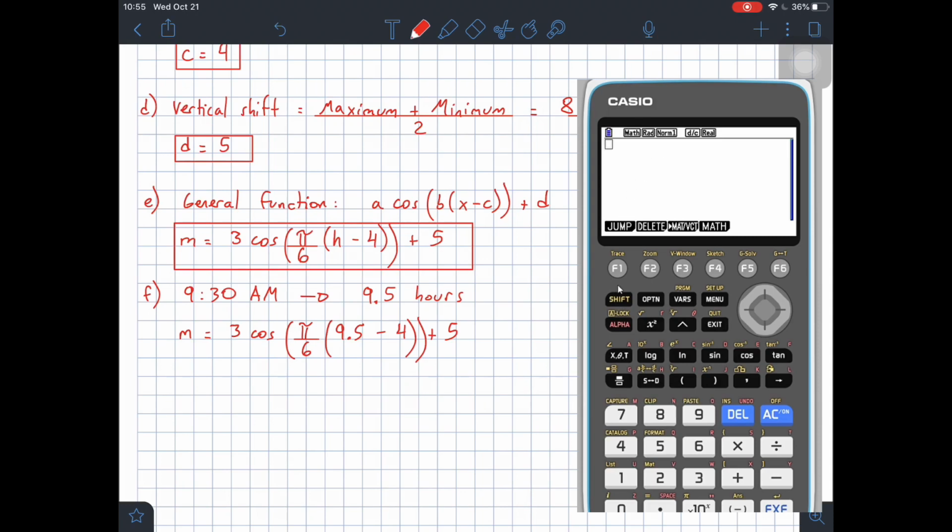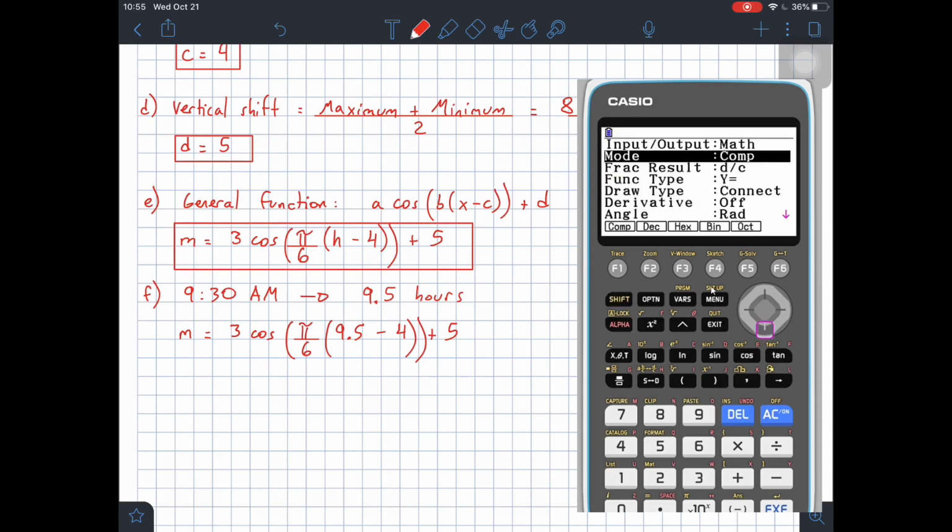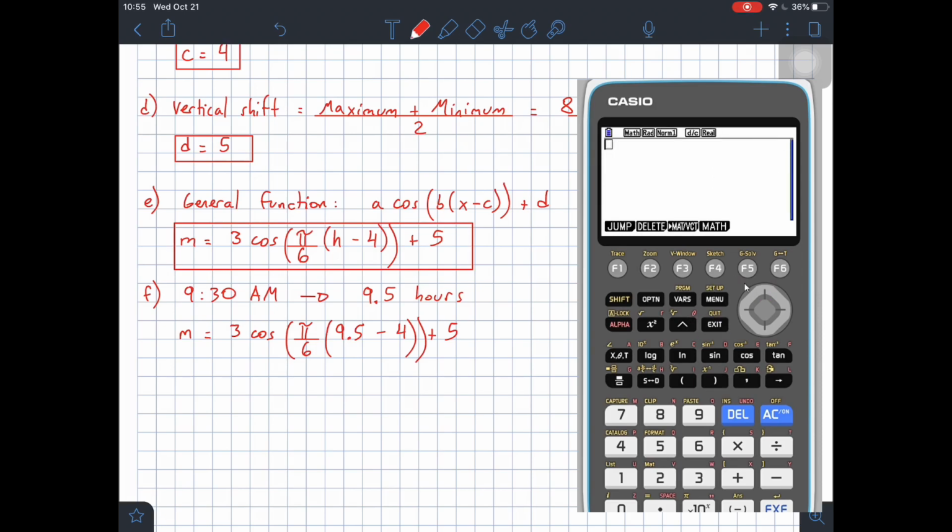Remember the first thing we need to check is that our calculator should be configured in radians. It is, so we're fine. So now we're going to plug in the information. 3 times cosine of pi over 6. Sorry, I'm going to use parentheses. Pi over 6 times 9.5 minus 4, and then plus 5.